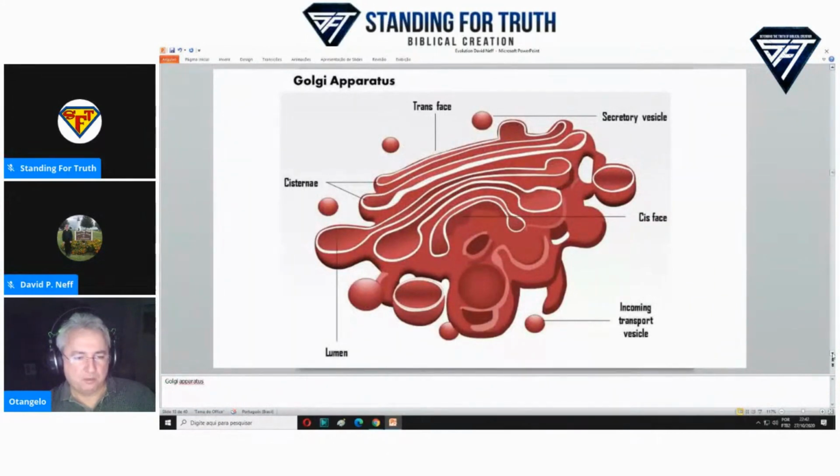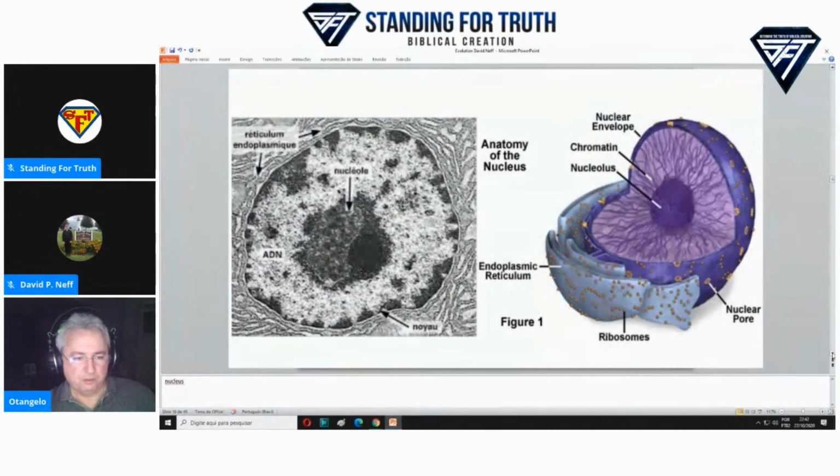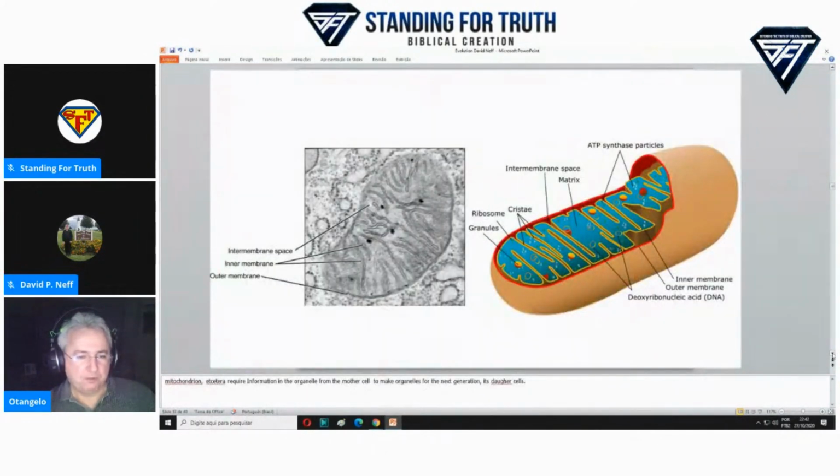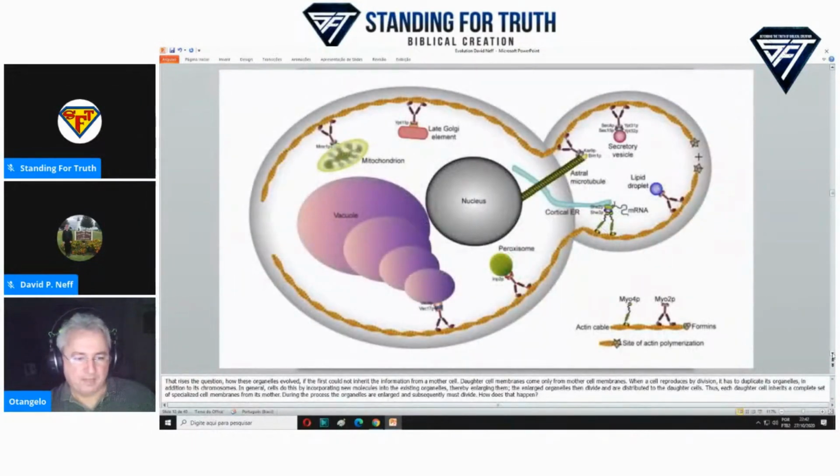The Golgi apparatus, the nucleus, the mitochondrion, etc., require information in the organelle from the mother cell to make organelles for the next generation, its daughter cells. That raises the question how these organelles evolved if the first could not inherit the information from the mother cell.